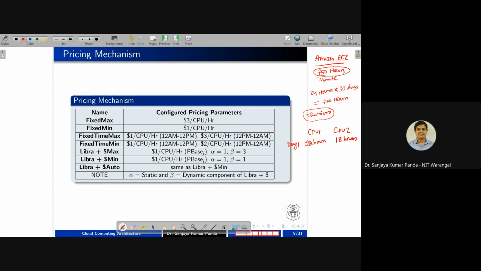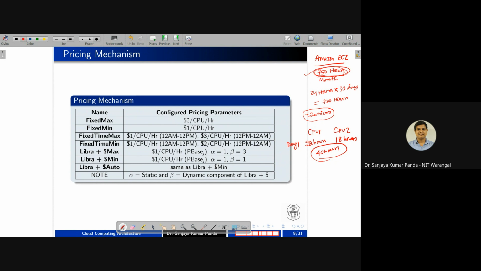So although a particular day has 24 hours, you are using two CPUs for 40 hours. So 40 hours is going to be deducted from 750 hours. If you switch on another instance, it will also be active for some hours, so it is going to be deducted from the 750 hours. Like that, they are going to calculate, and once you exceed the 750 hours, they are going to charge you.